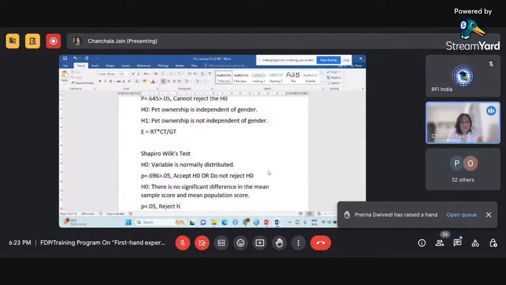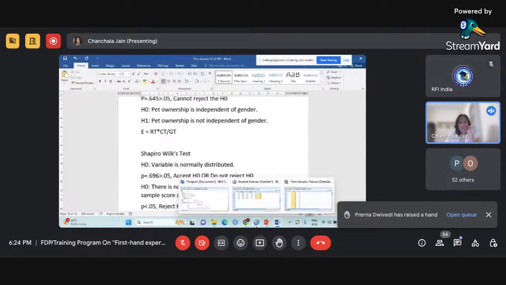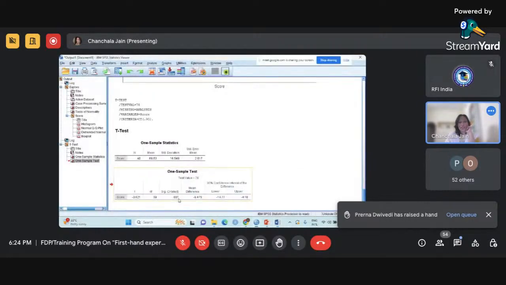We will reject the null hypothesis. And if we are rejecting the null hypothesis, what are we concluding? We are concluding that there is a significant difference between the sample mean score and the population mean score, right? And we can check that the mean of these scores is 68.53. Is it clear?